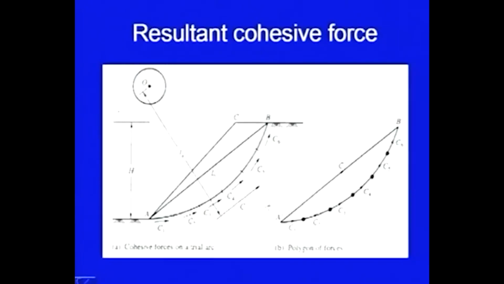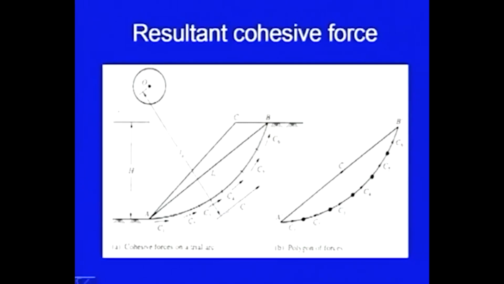Then we found out the line of action. To find it, we took moment about point O. Take the moment of all these small forces; they have the radial distance R as the lever arm. Equating this with the moment of the resultant C, C into LA should be equal to the moment of these forces, whose moment arm is capital R, the radius of this trial circle.